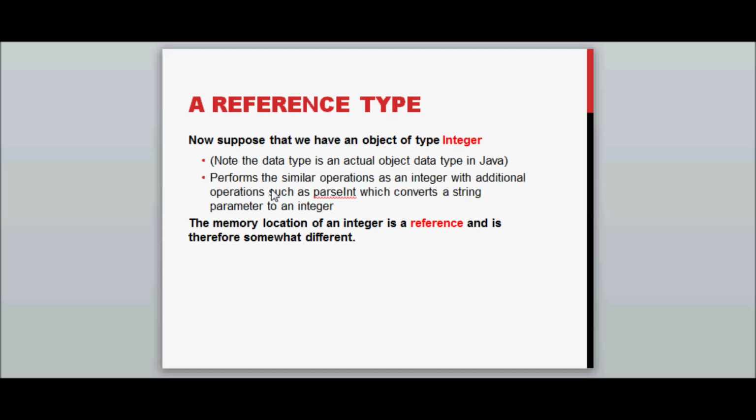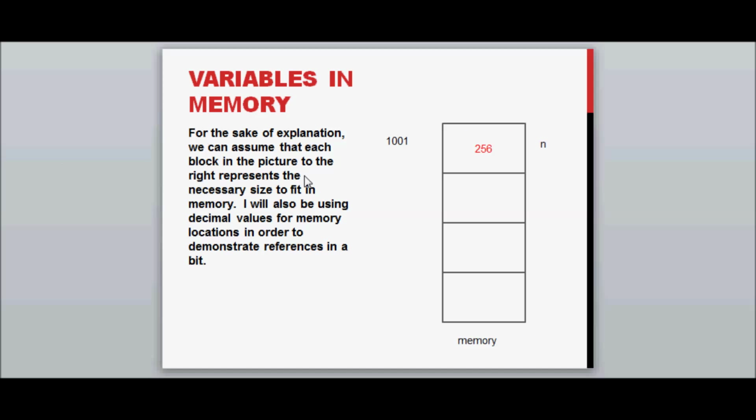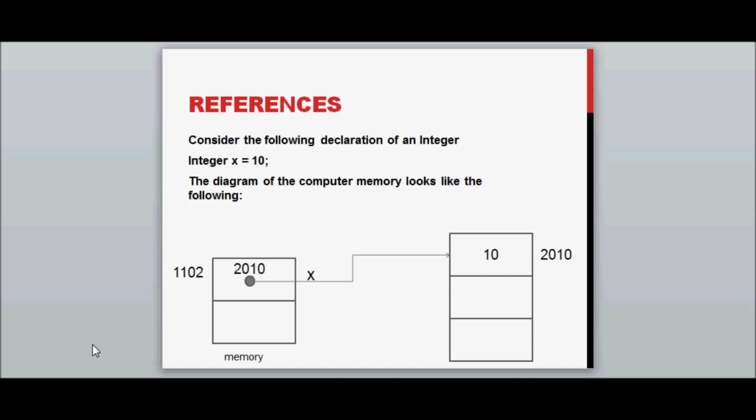Like I said before, the capital type Integer is an example, and it has things like parse int inside of the reference type. What's the difference in the actual storage? In a primitive data type, we actually have the memory location with the value stored in it. In a reference type, you have the memory location of the object that you want to store.